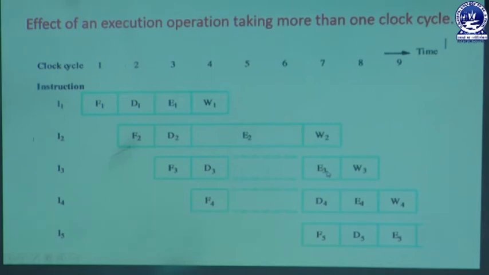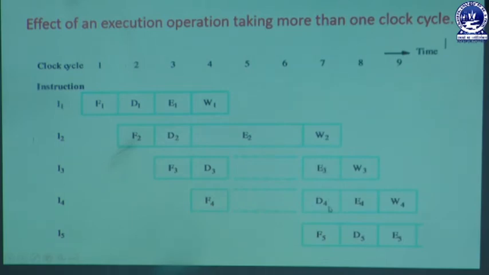In other words, you can say in the seventh clock cycle the execution unit is free so that I3 can go for execution unit, and then when it goes for execution, I4 can go for the decode, because here the decode unit is busy with I3. So now when it goes for execution, the decode unit is free so that I4 can go for decode.